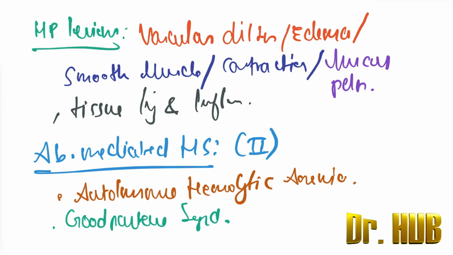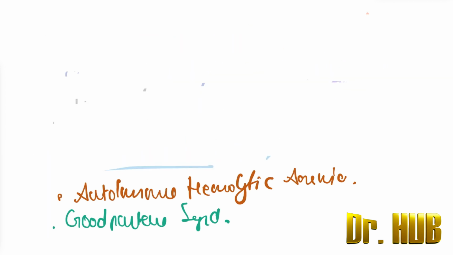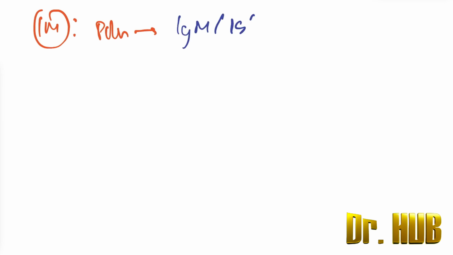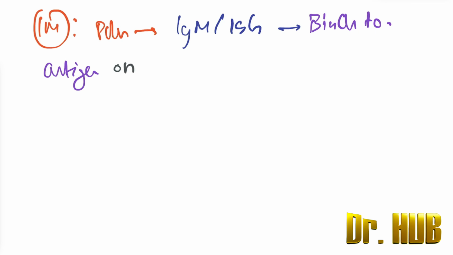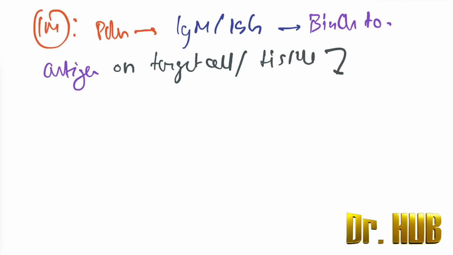What are the immune mechanisms of type 2? It involves production of IgM and IgG. This binds to the antigen on the target cell or the target tissue, and then it leads to phagocytosis or lysis of the target cell.